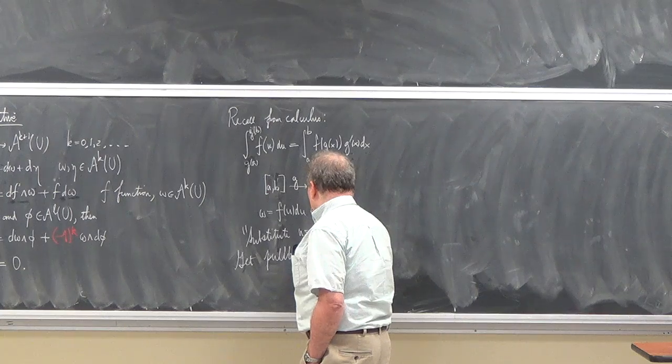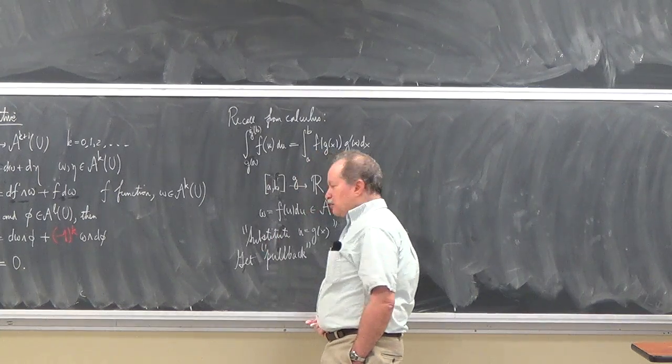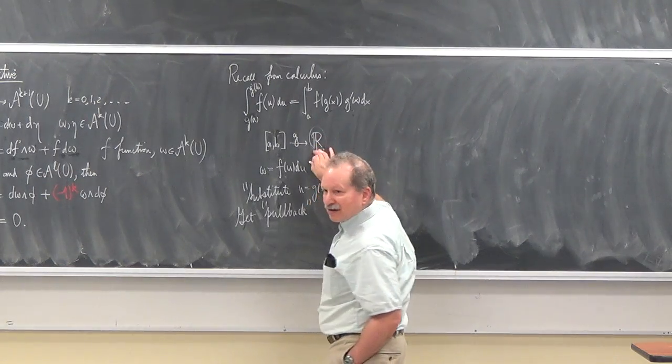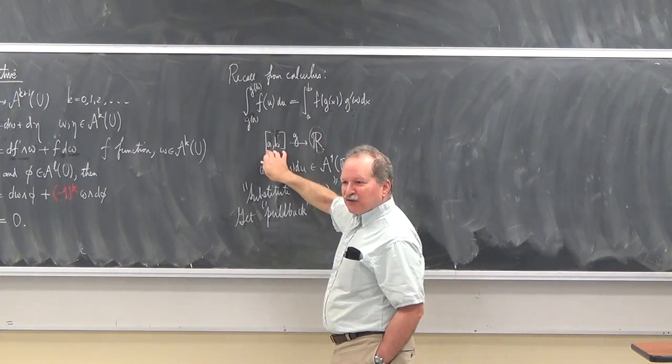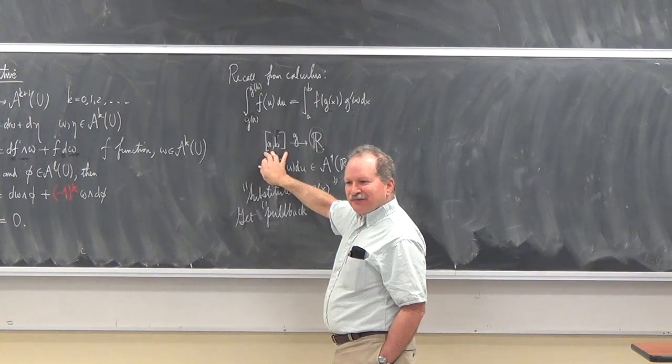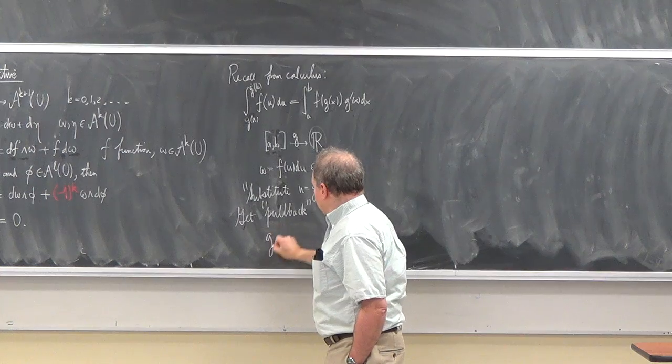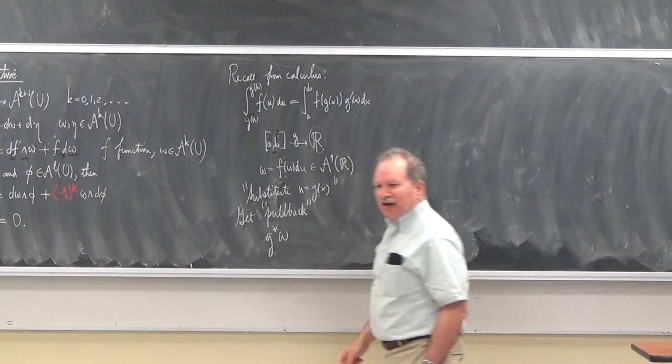So this is trying to motivate what I'm about to do. You get a pullback of a differential form that lives here, back to a differential form that lives here. So you get what's called the pullback of omega.